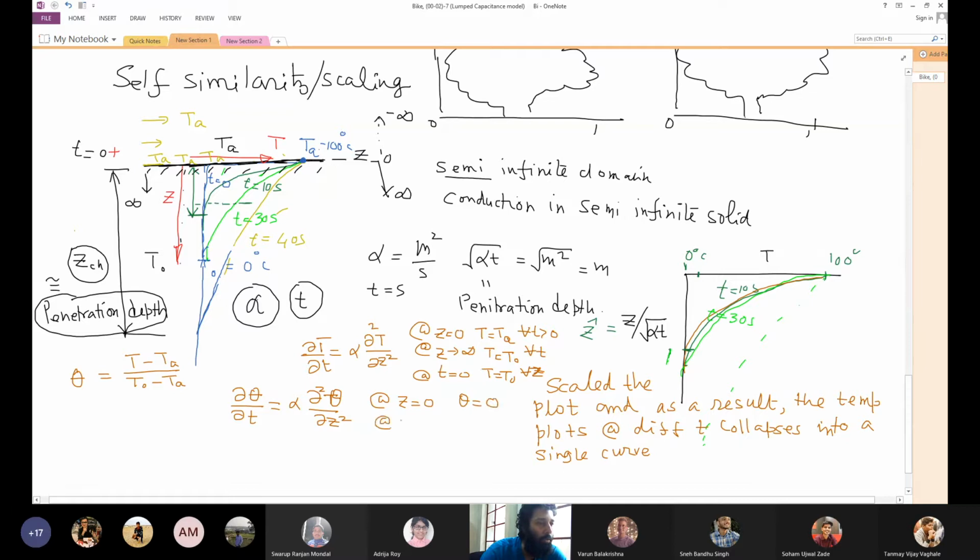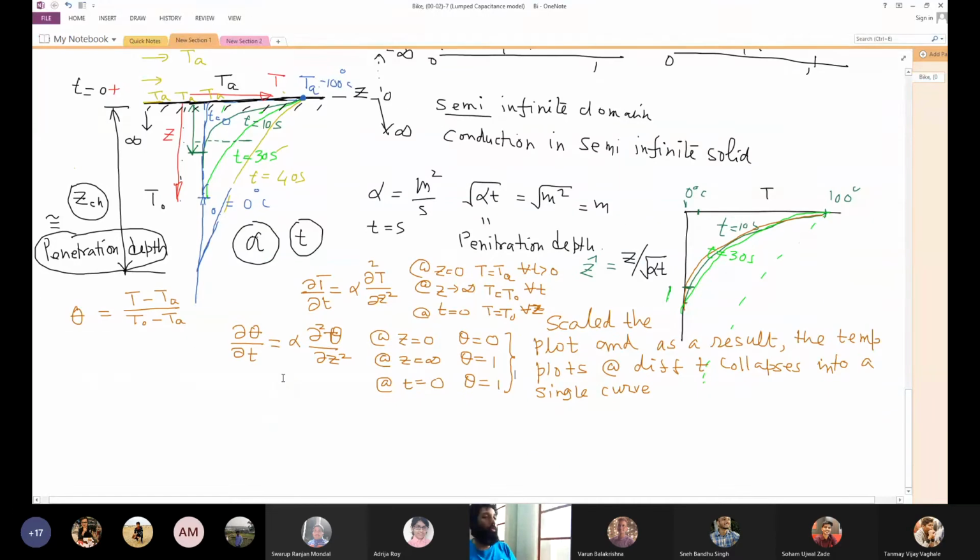At z equals to infinity, theta equals to 1. At t equals to 0, theta equals to 1. So these are the conditions in terms of theta.